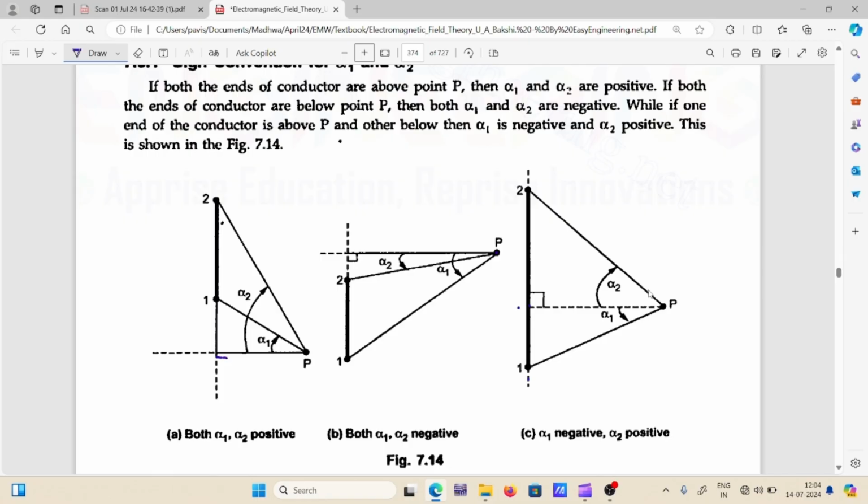So here alpha 1 will be negative and alpha 2 will be positive. So overall, when the conductor comes above the perpendicular distance, then it is positive. When it comes below the perpendicular distance, then it is negative. So there are three conventions: alpha 1, alpha 2 positive; alpha 1, alpha 2 negative; and alpha 1 negative, alpha 2 positive.